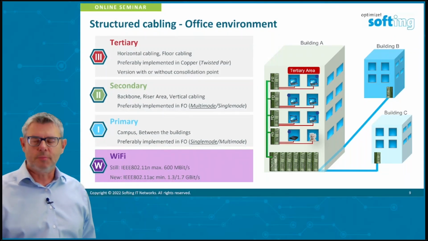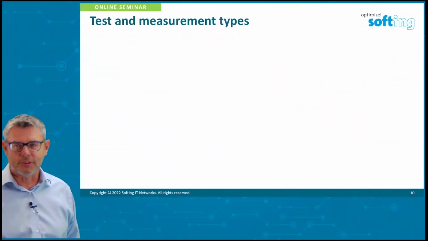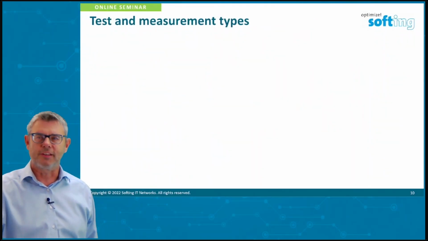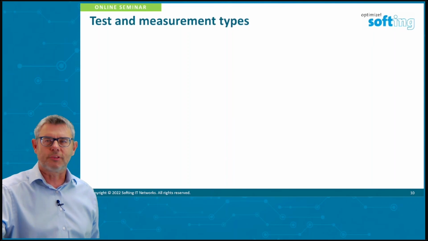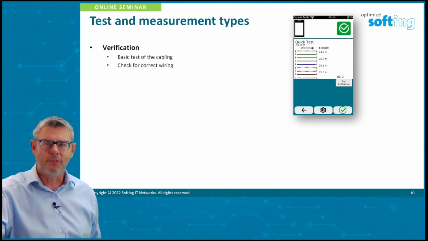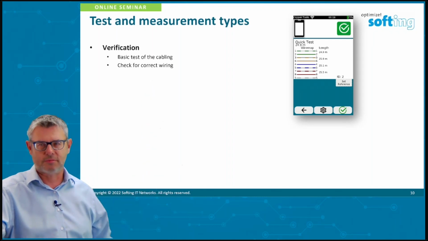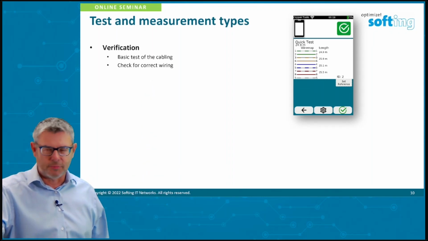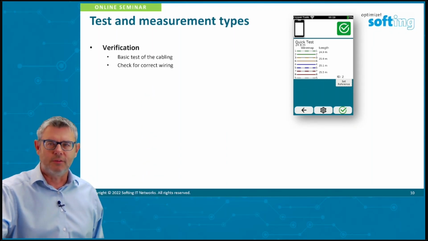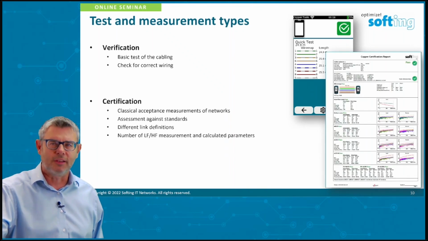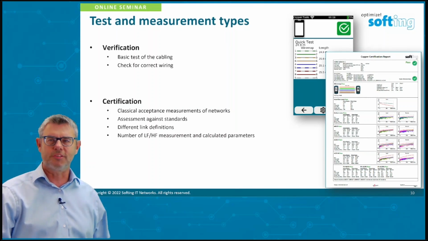So what is test and measurement as a group? As explained already last week, the start of testing is verification. Verification is just testing proper wiring of a network. That's the job. Full stop. Okay, then in older days, we went immediately to certification. Certification is now the opposite of very basic testing.